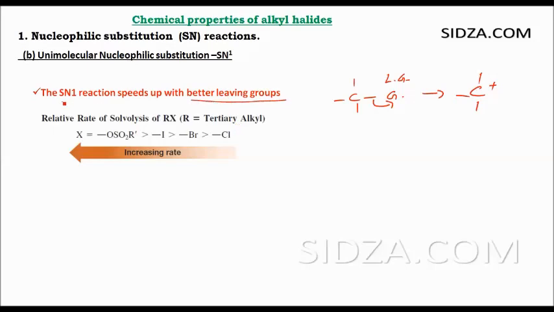Among the alkyl halides, iodide is a better leaving group, then bromide, then chloride, and then fluoride. So for a particular alkyl halide, the order of reactivity will be that iodoalkane reacts faster than bromoalkanes. So this is the fastest and this is the slowest.